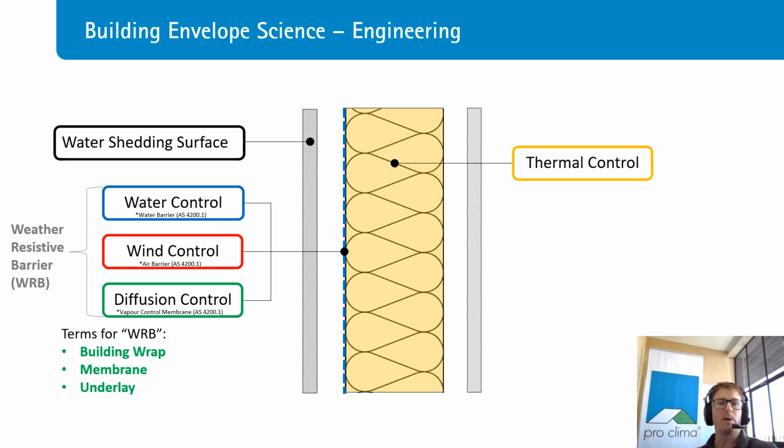We know that the weather resistive barrier system should be a water barrier. It should have proper water control functions and features and details. It needs to control the wind pressure. It needs to be as airtight as possible to be watertight. And we need to consider the diffusion control, the vapor diffusion and what's going to happen across that external boundary, and if we're going to create high humidity behind that, inducing mold growth.